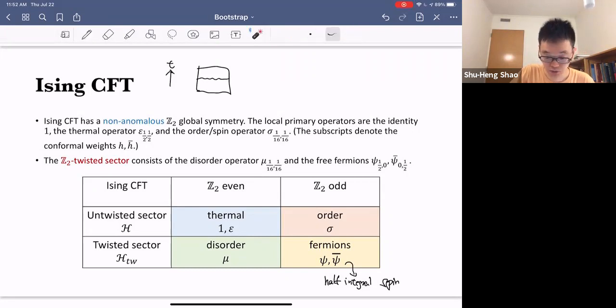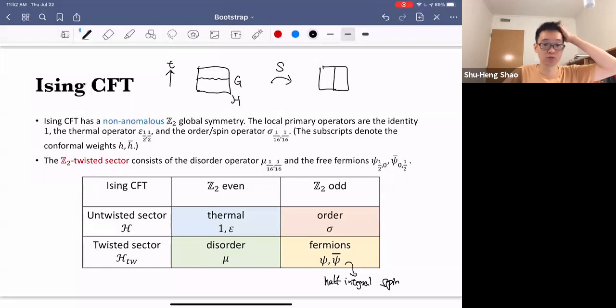This data you do know, right? Because this is how the symmetry acts on your Hilbert space. And you grant me that data. So you can compute this partition function on the torus. And now you can do the S transformation to take it to this form. This is the data you were asking about. And that tells you about the twisted sector.